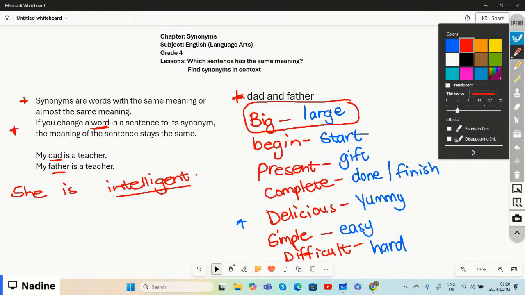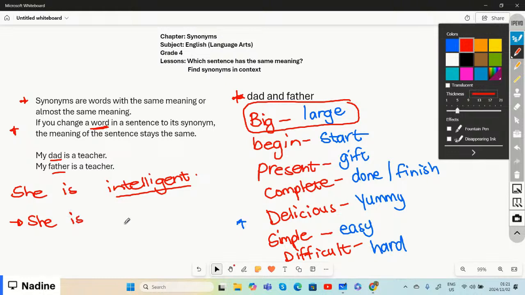So we can say she is intelligent. What is the synonym of intelligent? So we're going to look at the synonym of intelligent. I'm going to just rewrite this.